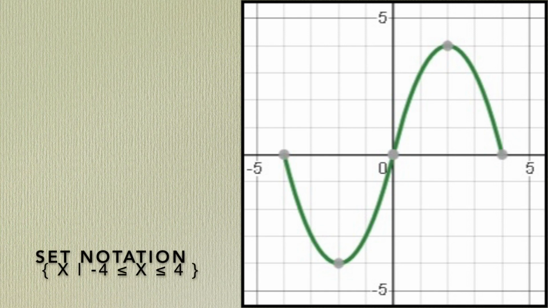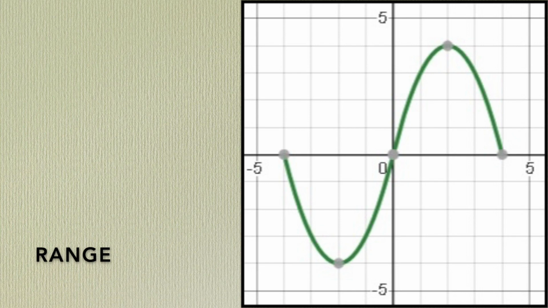So now the range. The bottommost point for the y value is a y value of -4. So our range starts in interval notation at bracket -4, comma. Now we go to the highest value. The highest value is a y value of +4.